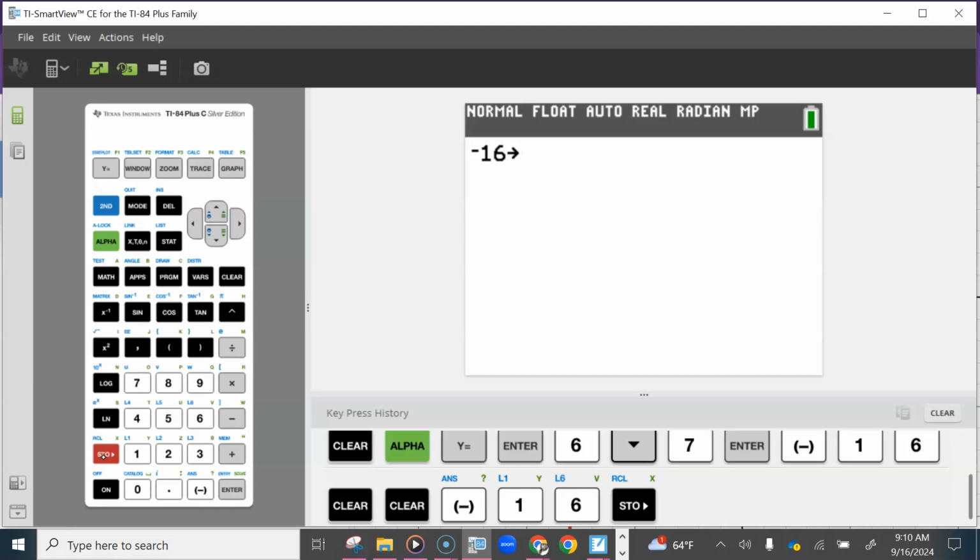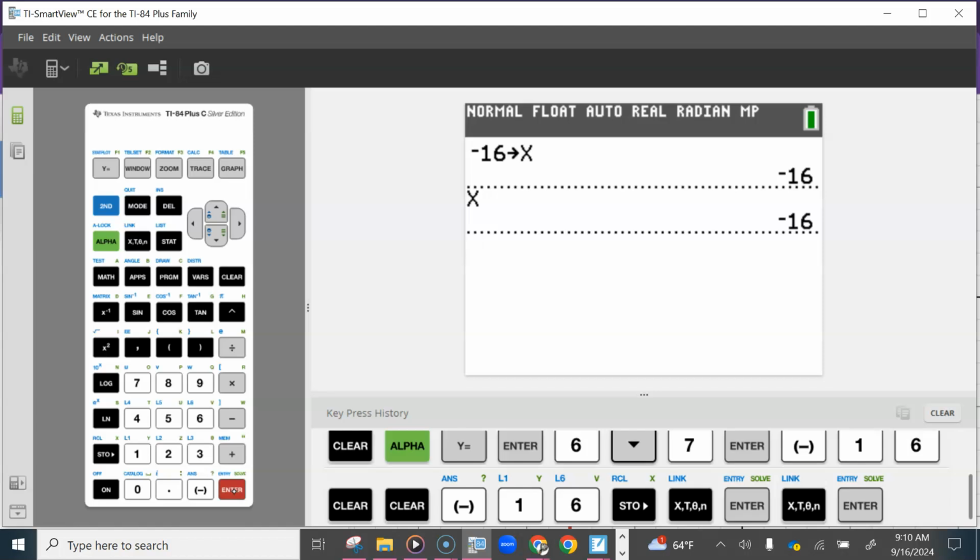Then you can either click X by hitting the button right next to alpha, you can hit alpha X, or you can do alpha M, the variable doesn't matter. So I just want it to be X. So I hit the button right next to alpha, and then I hit enter. It's going to look like nothing really happened, but what it did is it put -16 in for the variable of X. So every time I put in X now, it will say -16.